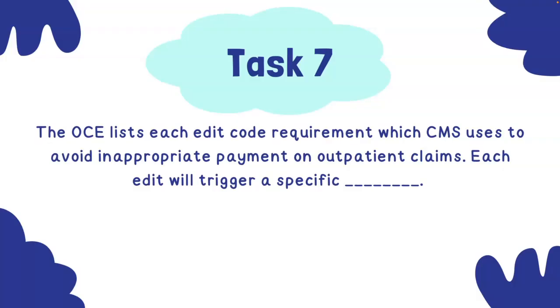Each edit will trigger a specific disposition. And just to give you a visual, basically the software is evaluating during the claims processing payment to see if the claim is clean.